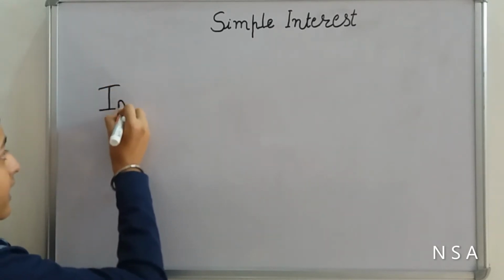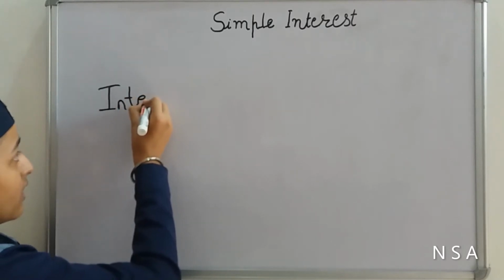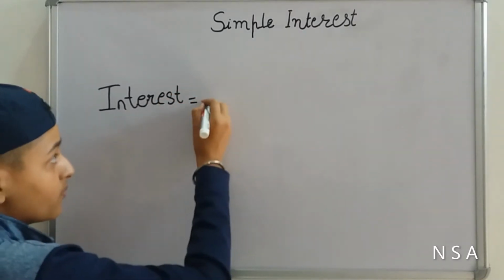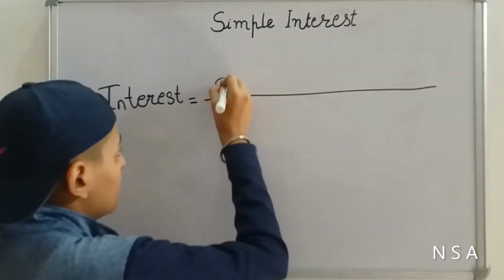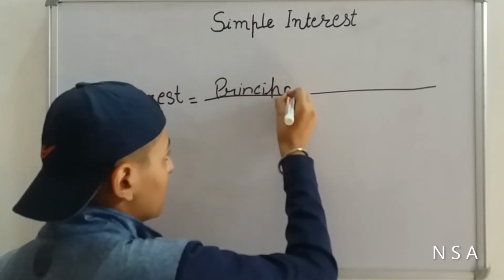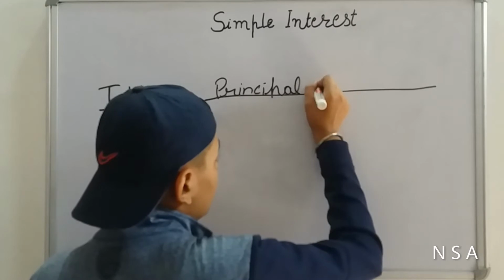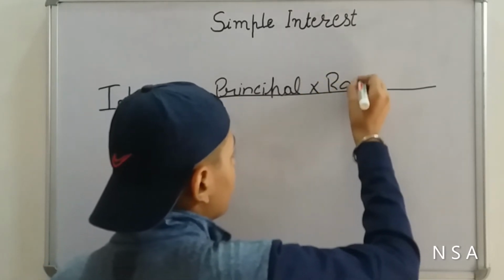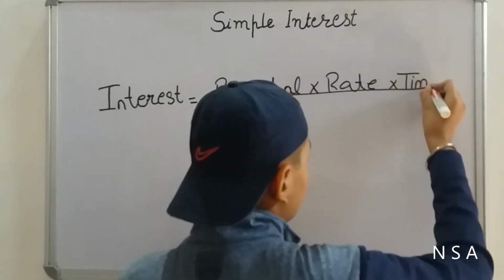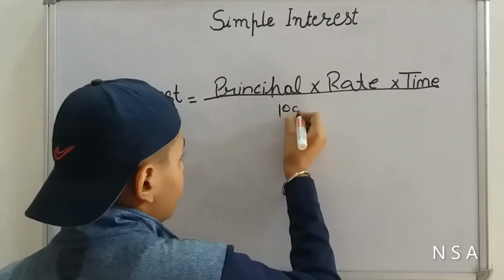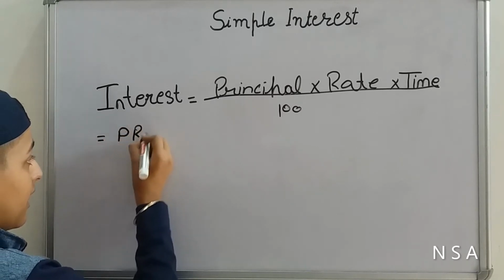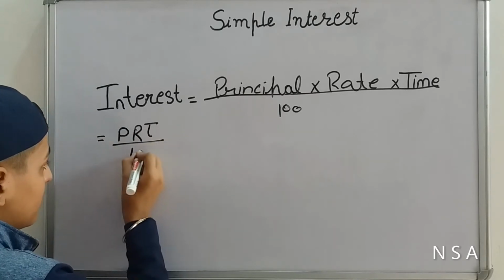Interest, I-N-T-E-R-E-S-T, equals principal, P-R-I-N-C-I-P-A-L, multiply by the rate, R-A-T-E, multiply by the time, T-I-M-E, divided by 100, equals PRT by 100.